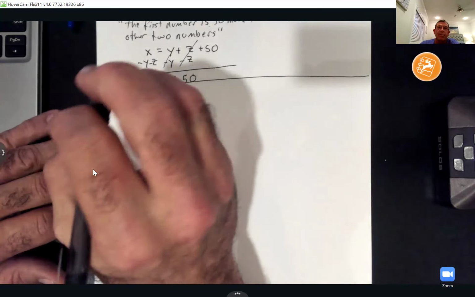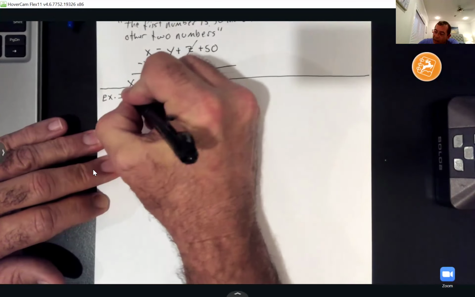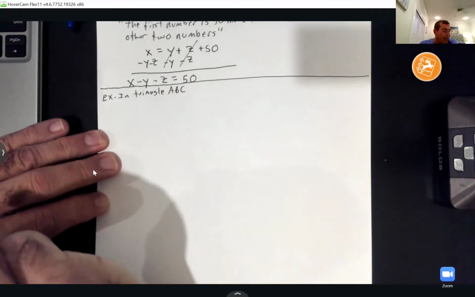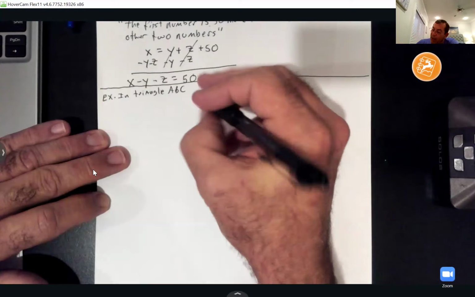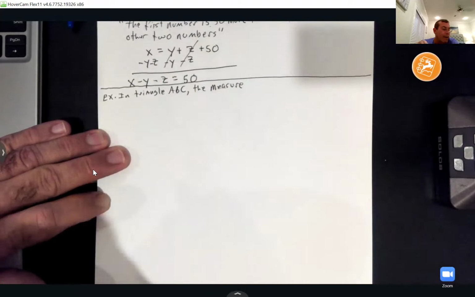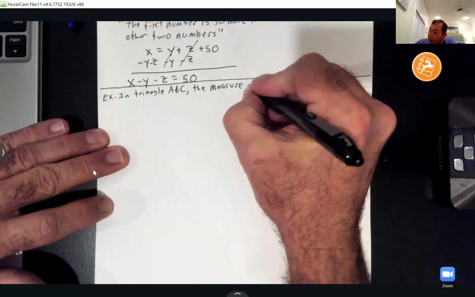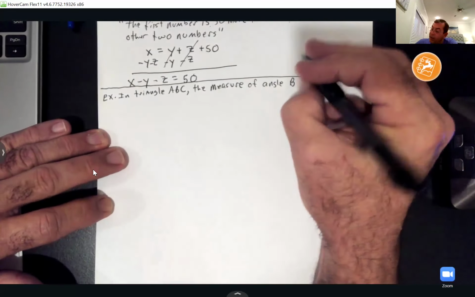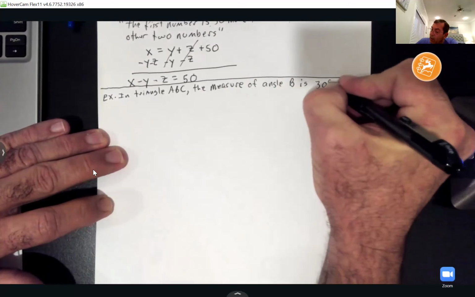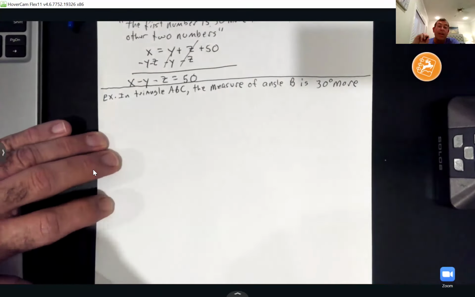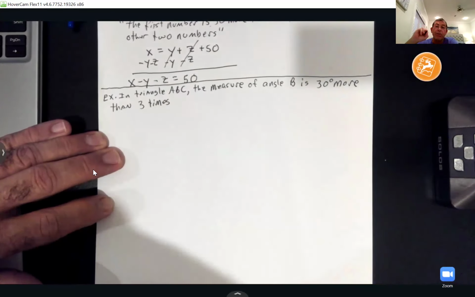So this first example says in triangle ABC, the measure of angle B is 30 degrees more than 3 times the measure of angle A.